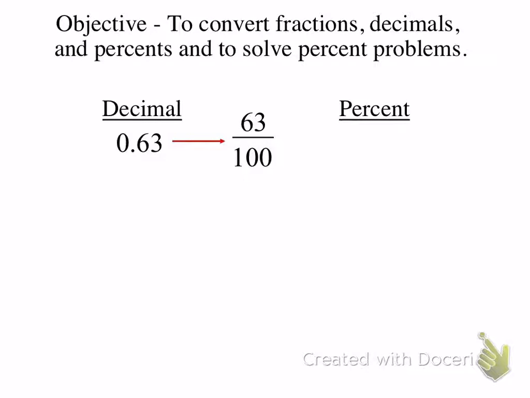Now, to convert a decimal to a percent, we move the decimal. Which direction? Yes. We move it 2 times to the right. Once, twice. One way to remember which direction is that D comes before P in the alphabet. If D is here and P is here, we're moving from decimal to percent that way.